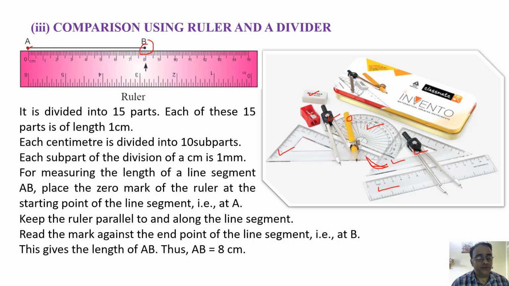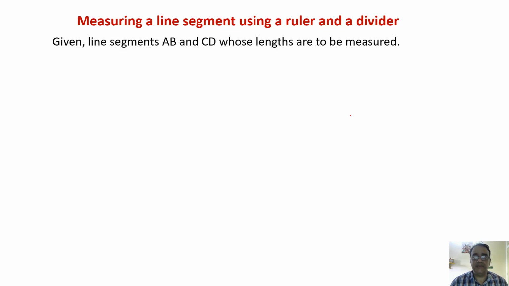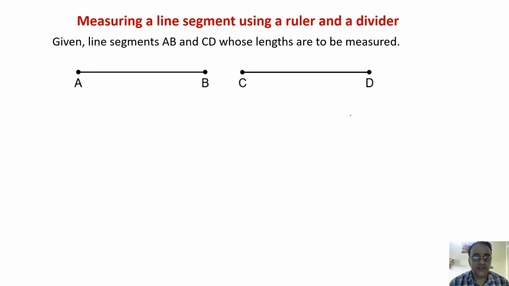Now we are moving towards measuring a line segment using a ruler and divider both. Suppose two line segments are given, AB and CD, whose lengths are to be measured. We have to measure and then compare.